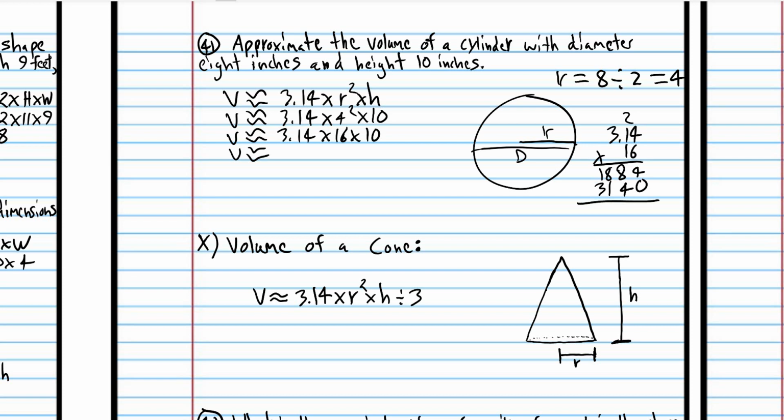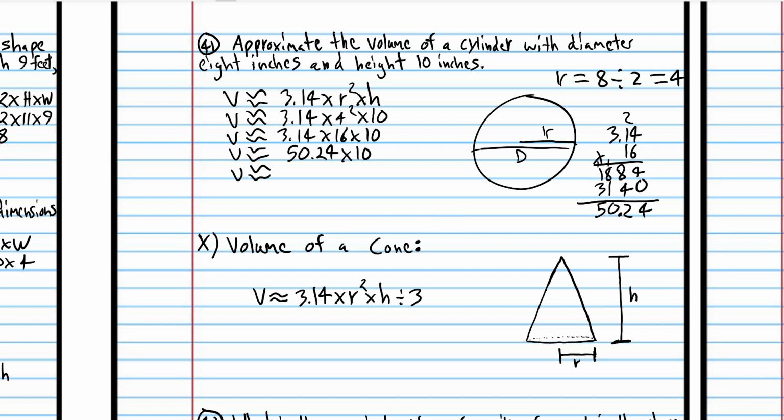Make sure those numbers are lined up, or you're guaranteed to get the wrong answer. All right, so now we have 50.24. These numbers look familiar. We had the same type of numbers earlier. It's not the same problem though.